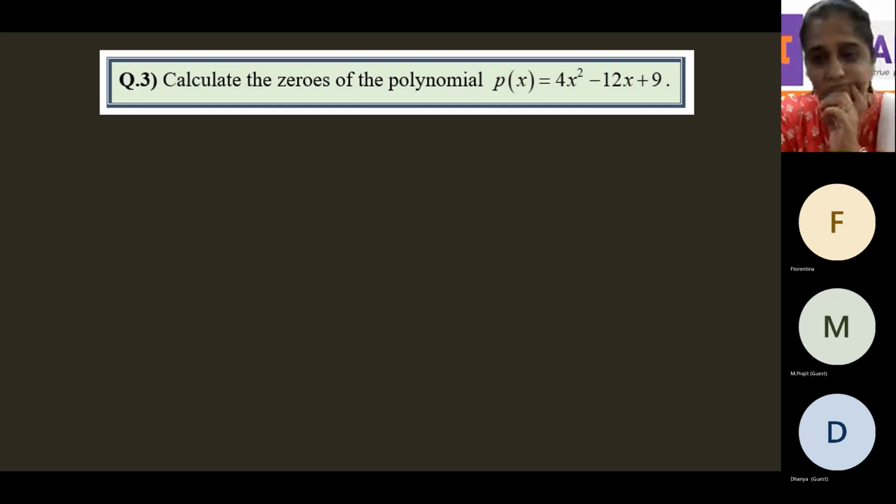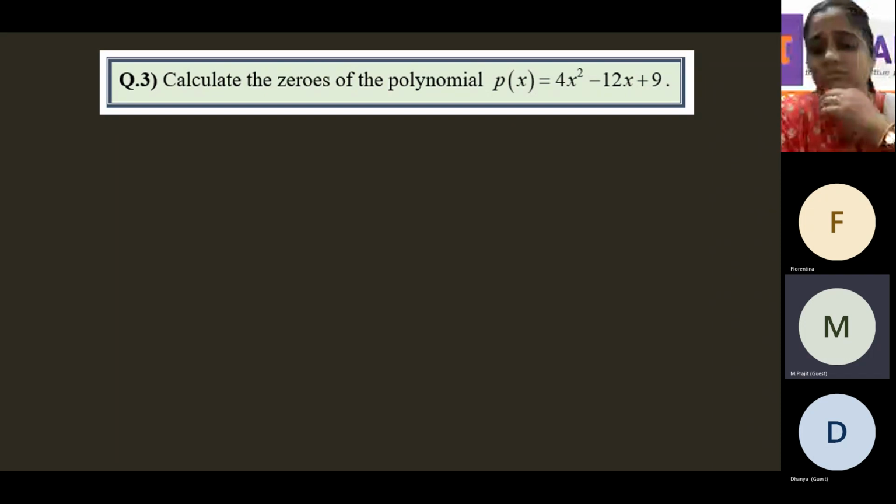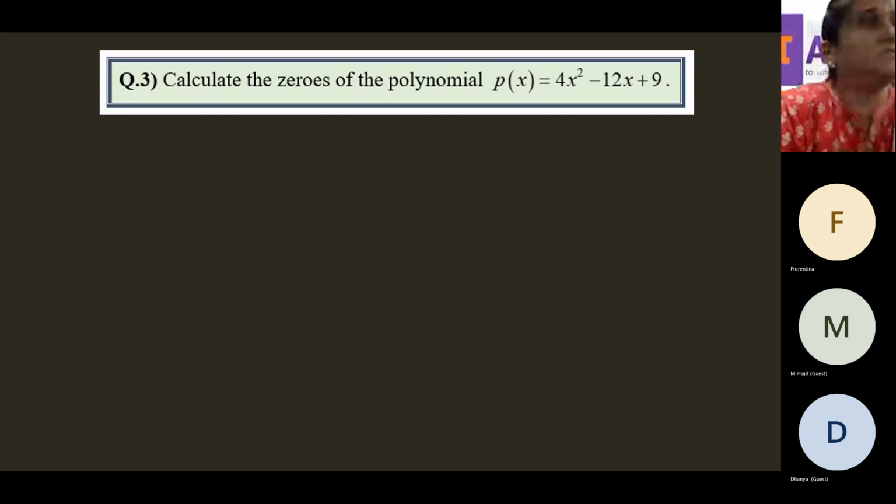Ma'am, we have to factorize this, right? Just a second, Prajit. Yes. Can you read out what you've written, Tanishka? Oh, no, your steps.